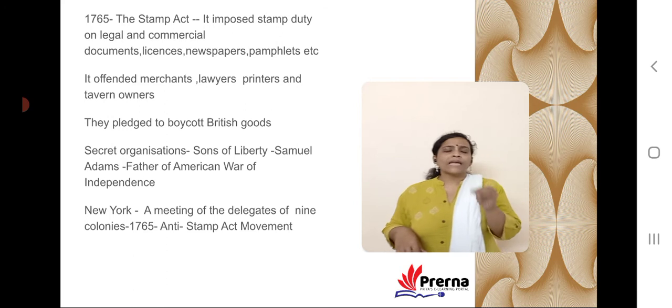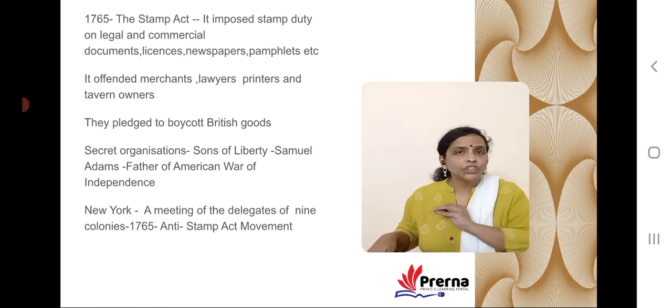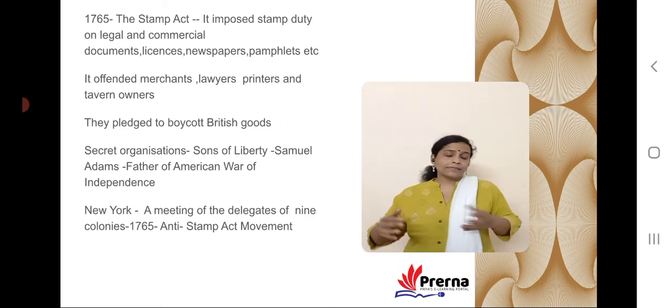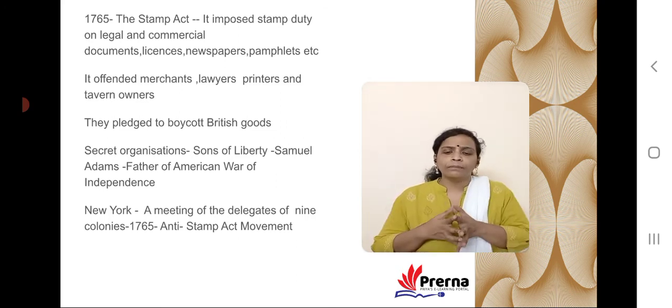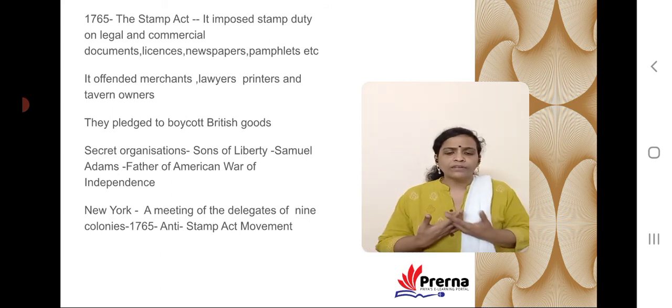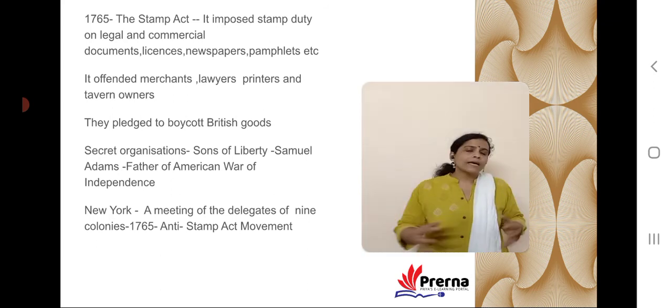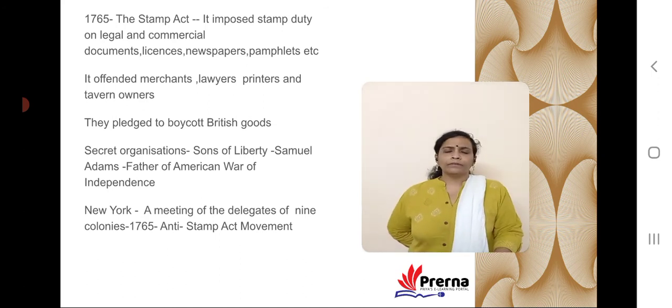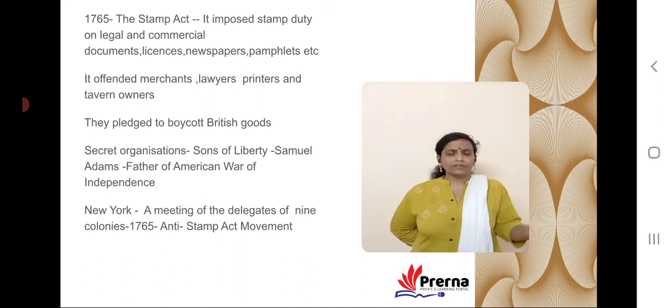So it imposed stamp duty on legal and commercial documents, which included licenses. So it was this act, the Stamp Act, which offended a lot of people, which included lawyers, builders, tavern owners, printers, etc. Now they decided to boycott British goods.